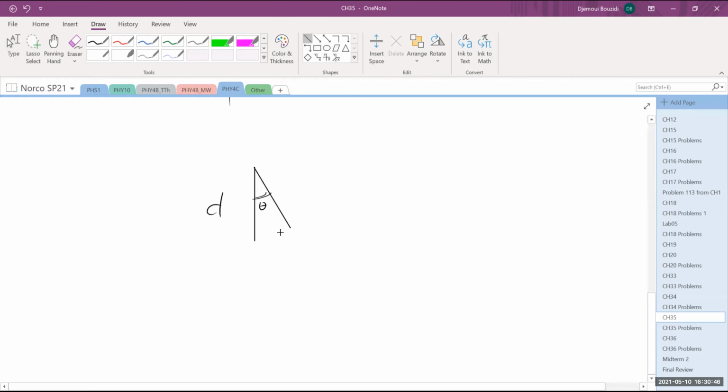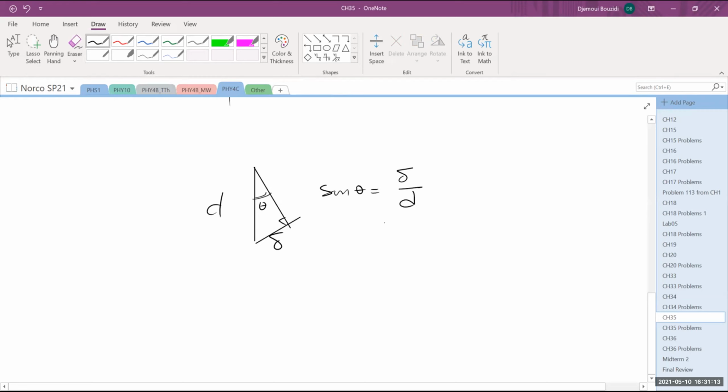And this is delta, and this is perpendicular. I chose it to be perpendicular by design, actually. So in this right angle triangle, the sine of theta is equal to the opposite over the hypotenuse. So the sine of theta is equal to the opposite, which in this case is delta over d.